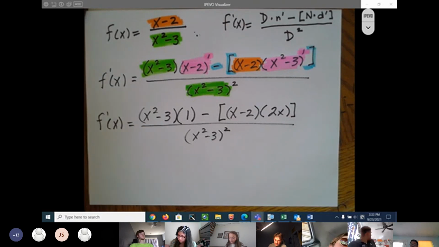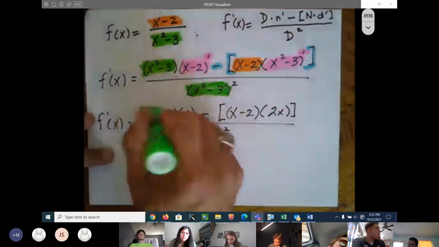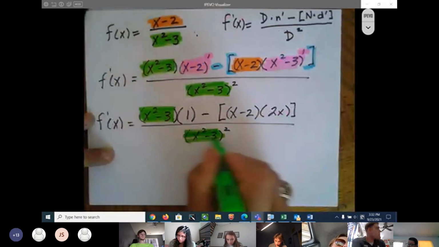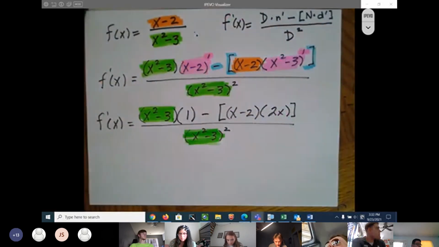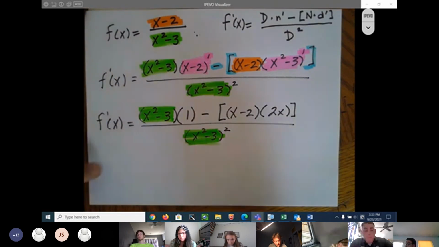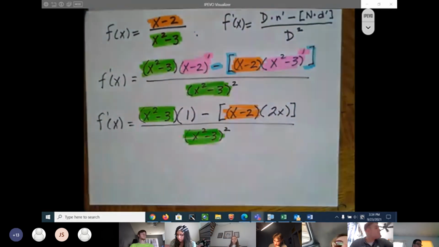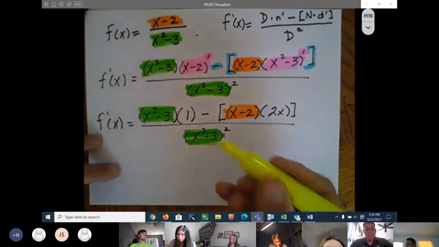So there's my denominator. There's my numerator. And the yellow is my derivative of the pink.